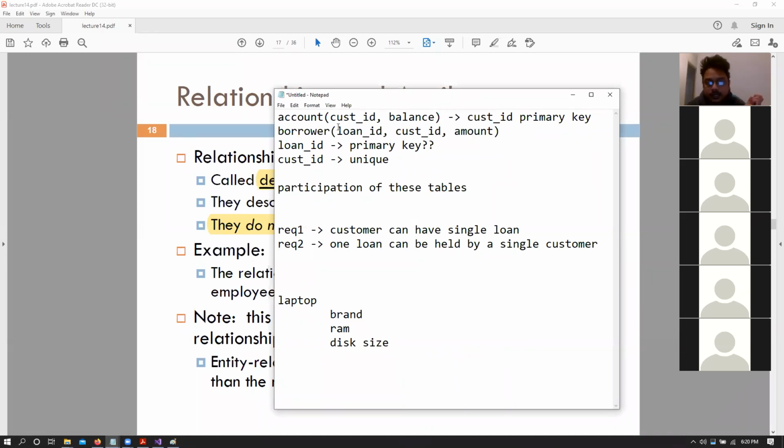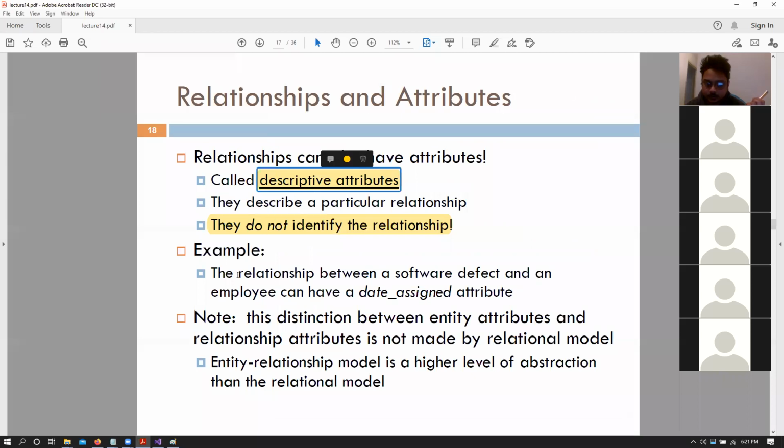So for the borrower table, loan ID and customer ID were primary keys, and that actually related the loan amount and the customer ID. But this amount is basically the descriptive attribute of that relationship set, right? So these are not primary keys. These are some things that actually explain what this relationship is, right? So these are called descriptive attributes.